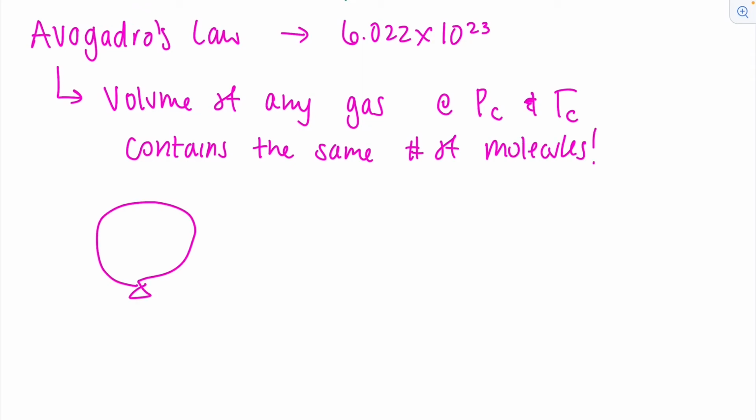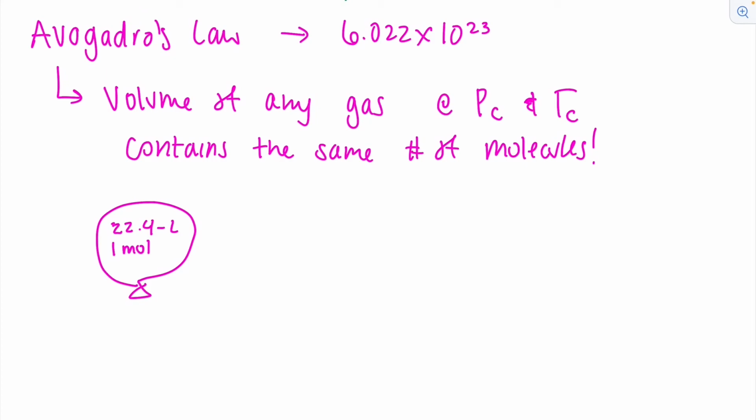So if you had a balloon, and let's say it was 22.4 liters, this balloon would have 1 mole of gas. Doesn't matter what type of gas. 22.4 liters will contain 1 mole of gas.